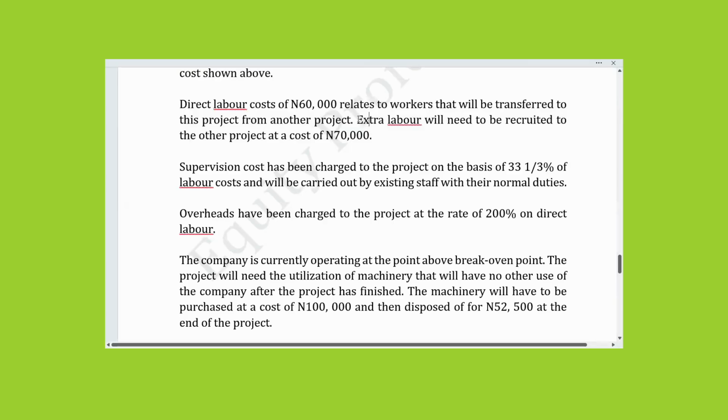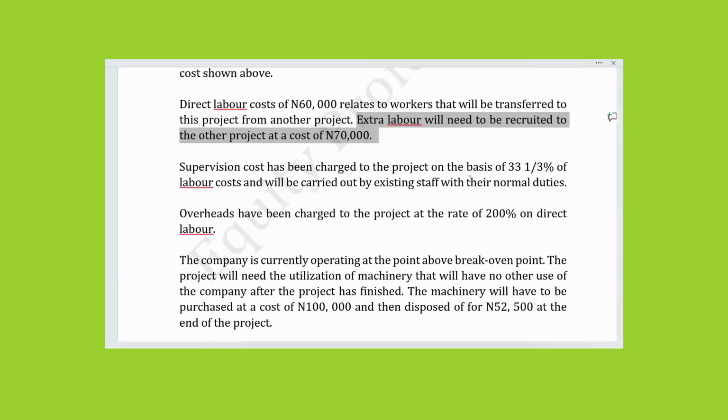Now, further, you are told that extra labor will need to be recruited to the other project at a cost of 70,000. Remember, we said that the cost of diverting resources, including opportunity costs, overtime, extra labor costs and contribution loss, are the only costs that the company will incur on labor at full capacity. You are transferring workers to execute this project X, and as a result the company will need to recruit additional labor, and you have to pay them.